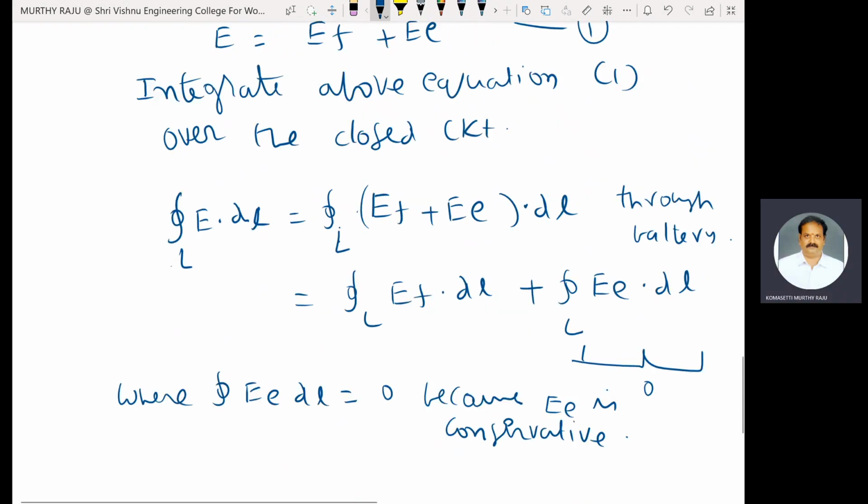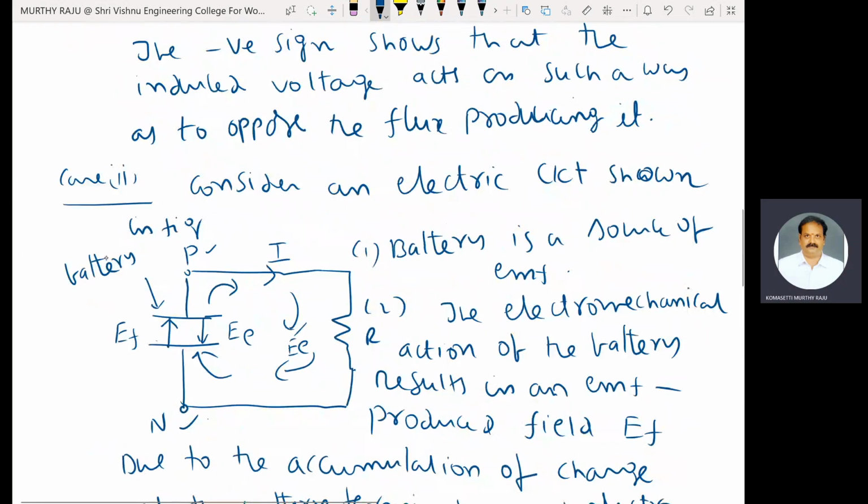Therefore, this line integral over the length from P to N is nothing but V EMF.